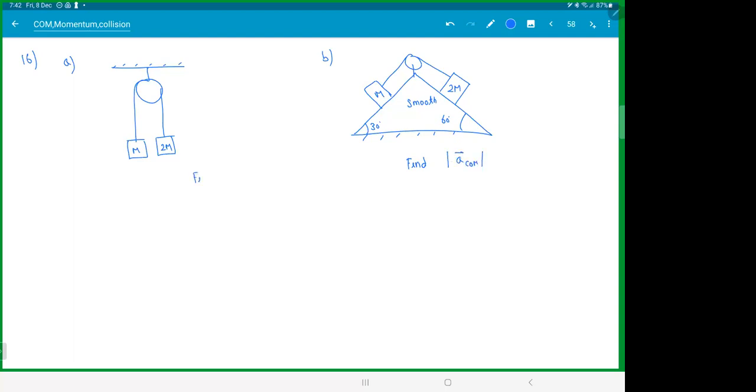Here find acceleration of center of mass. Get them. There, you can bring your NLM also into center of mass. Get the A part. A part is easy. Hope you remember Atwood machine.